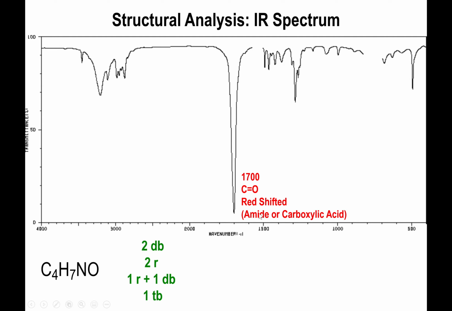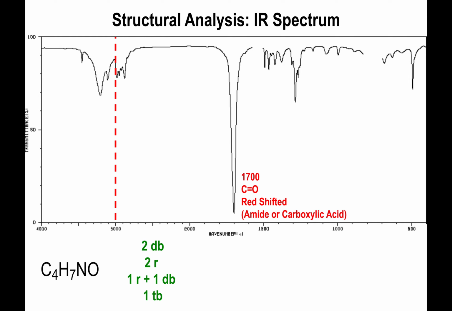The amide, or even the carboxylic acid, but notice because of the structure, the idea of a carboxylic acid is moot. You can't have a carboxylic acid if you do not have 2 oxygens. But an amide, it's absolutely fine because you do have oxygen and nitrogen, which is what you need to make an amide. So this is potentially looking like that.